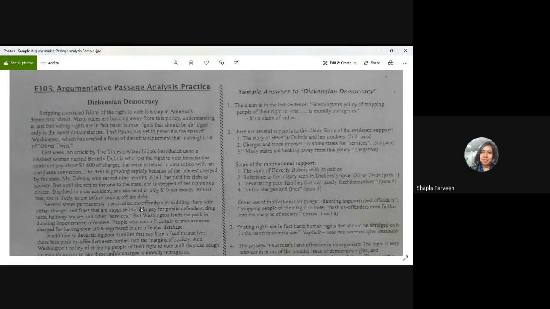Then there will be supporting points, explanations or descriptions given to support the author's viewpoint. And there can also be a counter argument. Normally, in an argumentative essay or passage, there should be some counter arguments, because without them it becomes too biased towards the writer's own viewpoint.